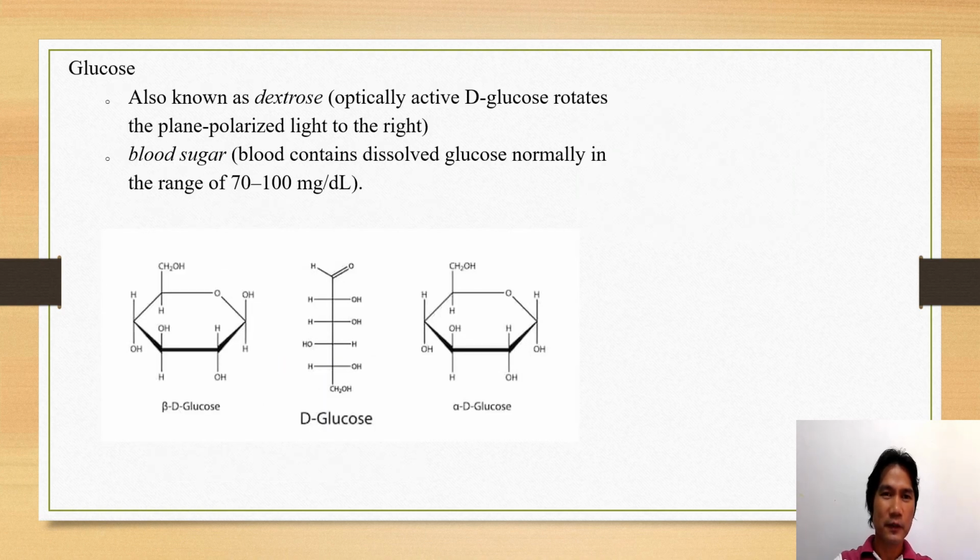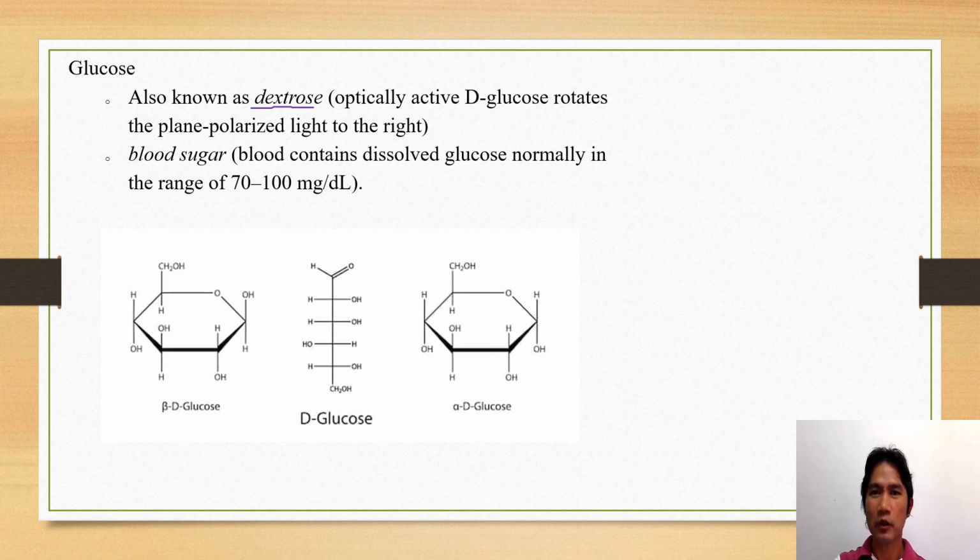The second biochemically important molecule is glucose. We will talk about this in the coming days. Glucose is also known as dextrose. The word dextrose comes from the property of glucose that it rotates the plane polarized light, just like what we have seen in the previous video on stereochemistry.